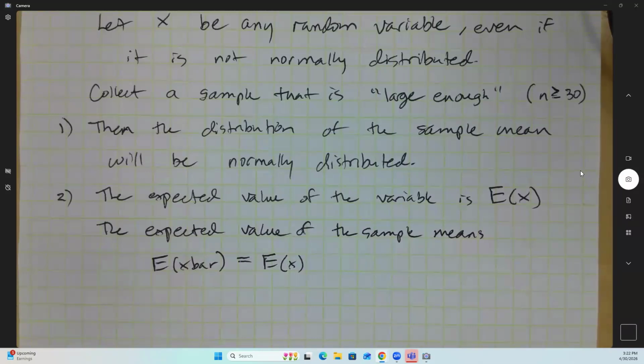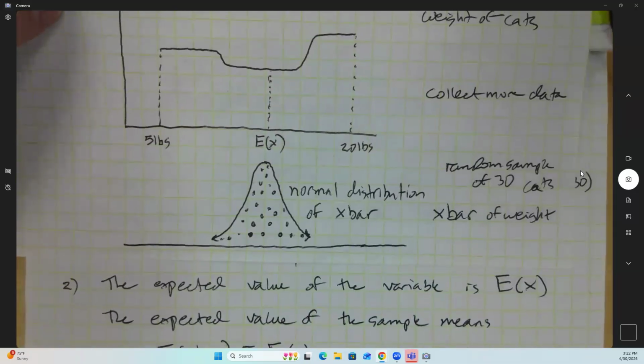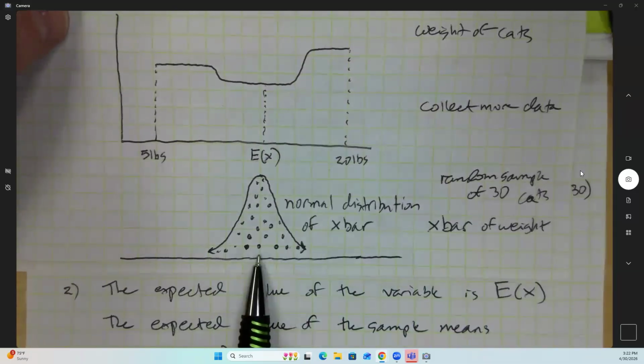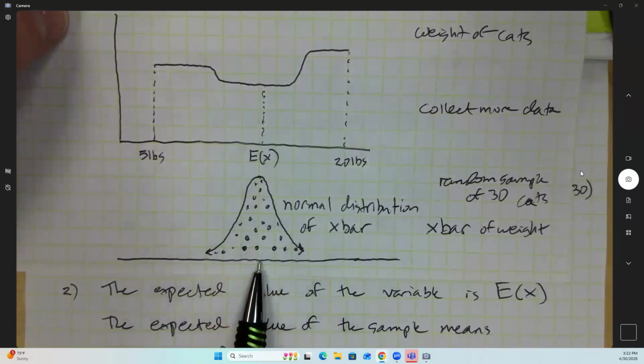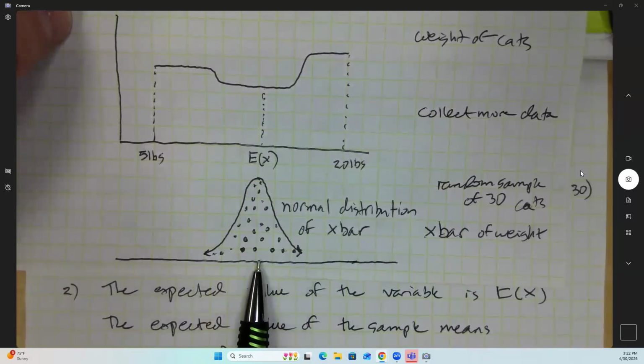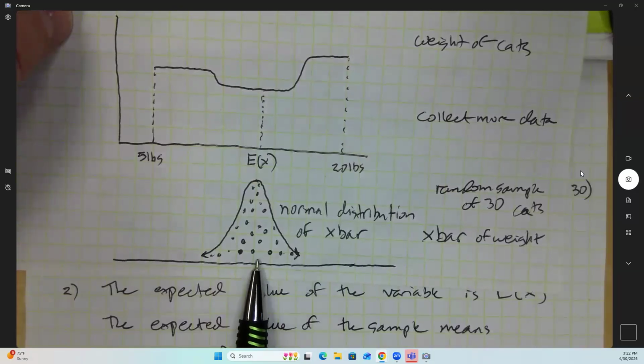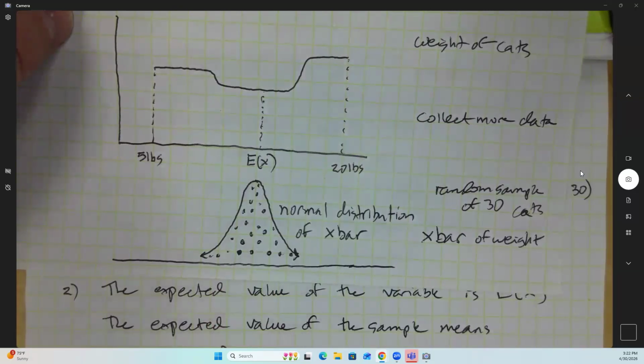I'm going to show you that on the picture that I drew once you get this written down. Every probability distribution has an expected value. And if you look at the distribution of the sample means, those will be centered at that same expected value, which is exactly what Lily said, because they're always in the middle. Right? If they're always in the middle, that's where it's going to be centered.